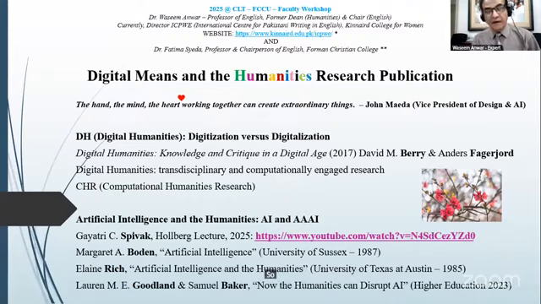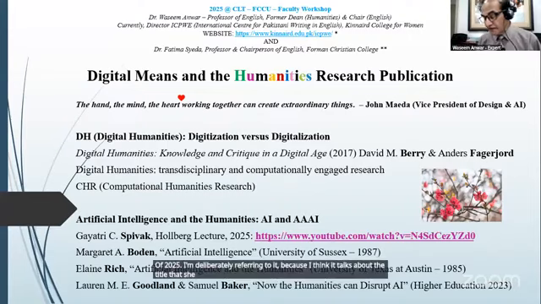So I would like to refer to and would request all of you, all the registrants, to find Gayatri Spivak's Holberg address of 2025. I'm deliberately referring to it because the title that she picks is Imperatives to Reimagine the Future.